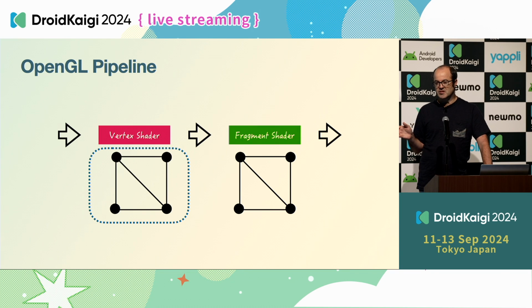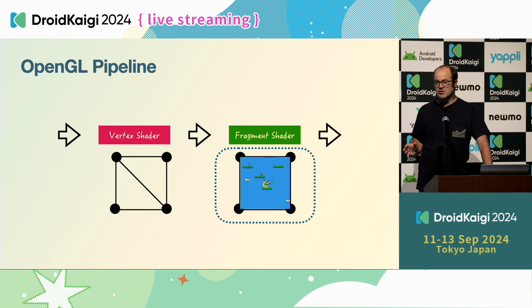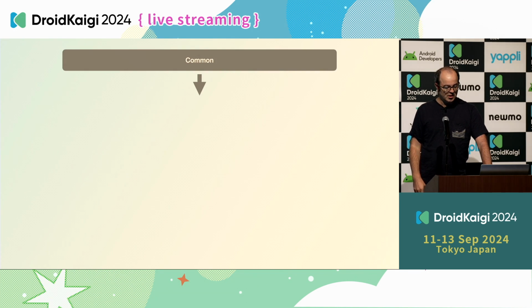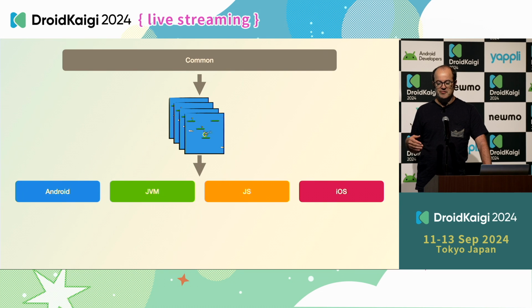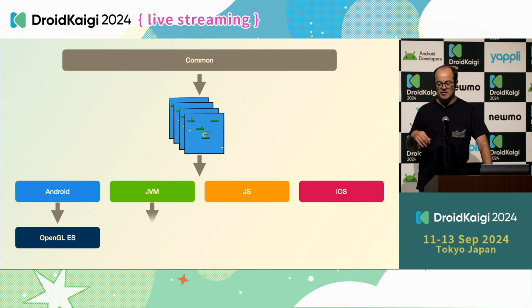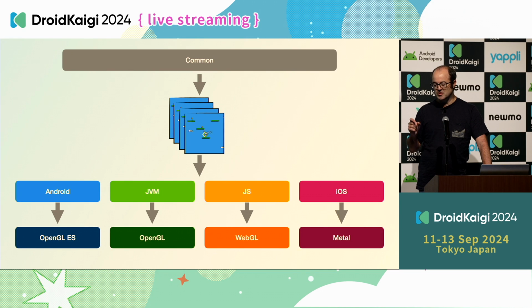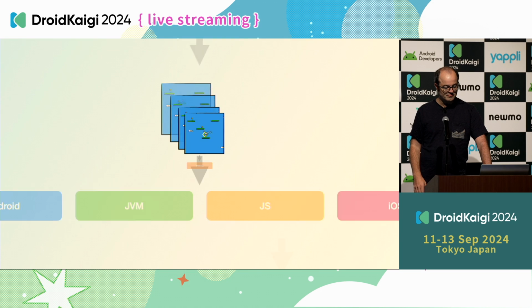I have one vertex shader, which just draws a plane on the screen, and the fragment shader will just draw the picture on this plane. So the idea is to let the common source code generate images. Then I will pass this image to the graphics layer, and I will display it on the screen using the dedicated graphics API. So for example, on Android, OpenGL; on JS, WebGL; and on iOS, it's going to be Metal.